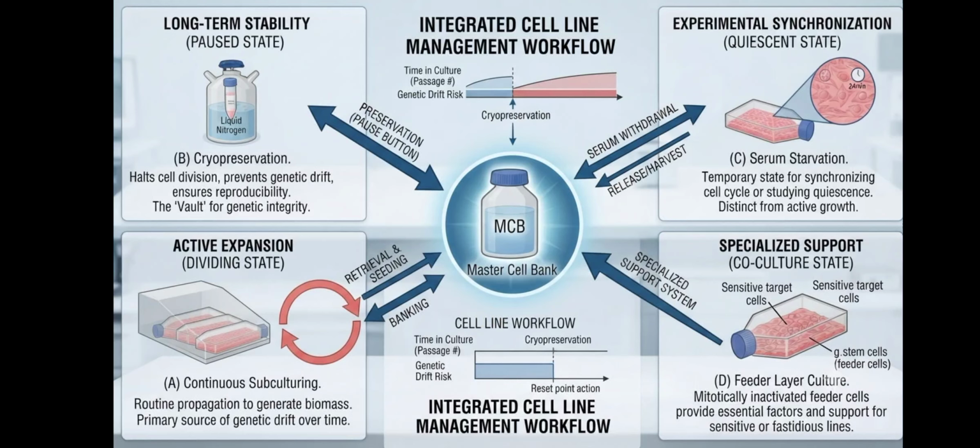And in continuous subculturing, the active expansion is going on, because the cell is dividing and producing the next generation cell, isn't it? And serum starvation is a temporary state of synchronizing the cell cycle.